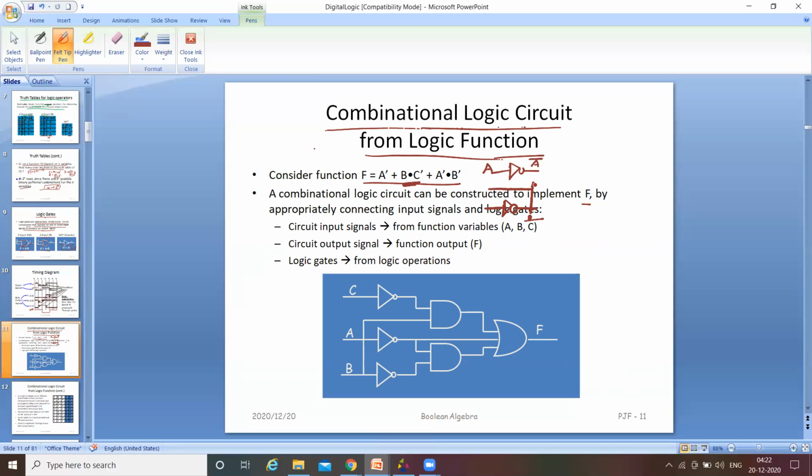And next, these two, dot operator means AND. And this output, next third is the A prime and B prime. A is already got.